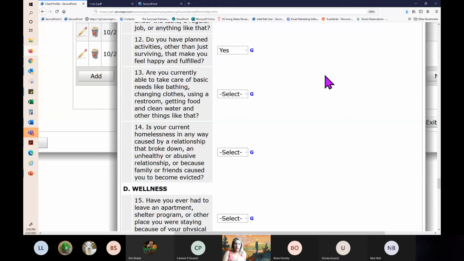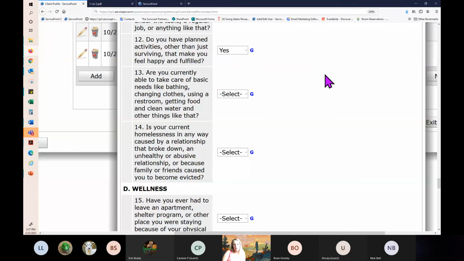So not whether the client has a restroom that they use and can take a shower and change their clothes. Do you go somewhere like Open Door over at Turning Points, or even the Salvation Army Sarasota? Whatever the case may be, we want to make sure that we are communicating that the client is physically capable, so that the client doesn't need any kind of assistance that would require, like, ALF, assisted living facility care, where they need someone to help them take care of those needs.